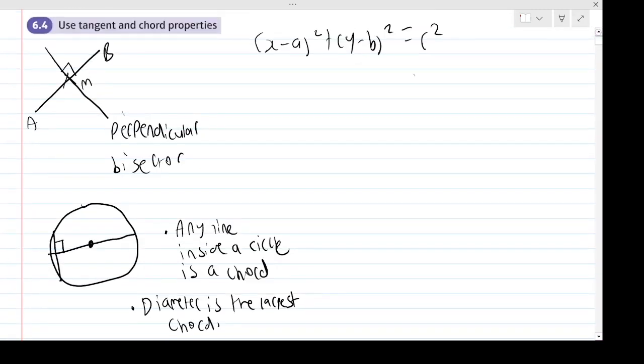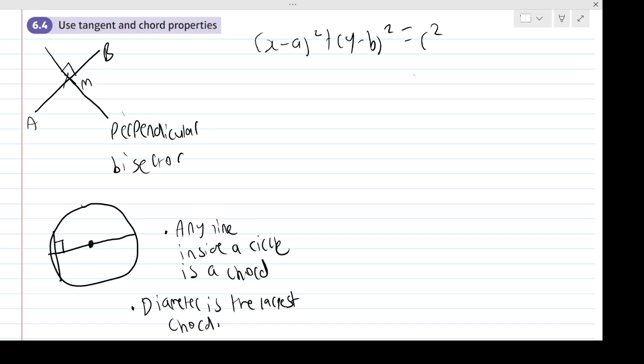The second one is to do with tangents, and this one you should be very familiar with from GCSE, and the working we will be doing today will be like certain GCSE questions you would have seen, so it shouldn't be too unfamiliar.